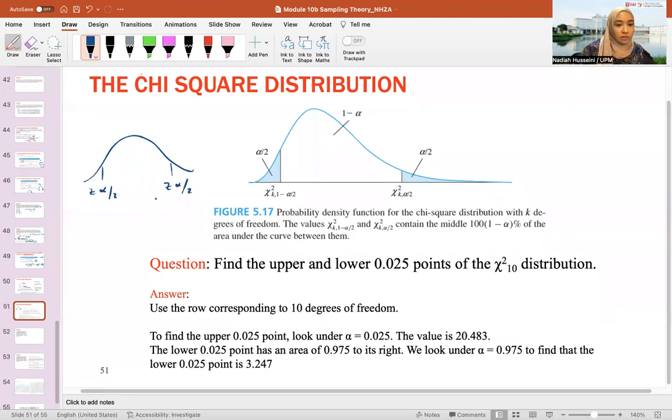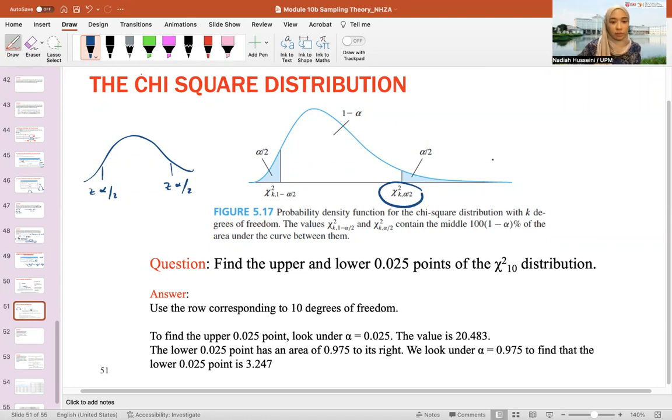The addition of these two gives me alpha. But for this one, you have to distribute the alpha over 2 on both sides, but they will not have the same z.